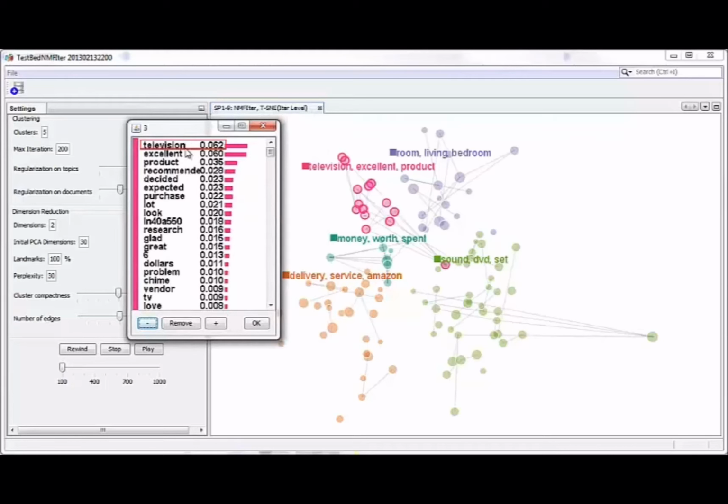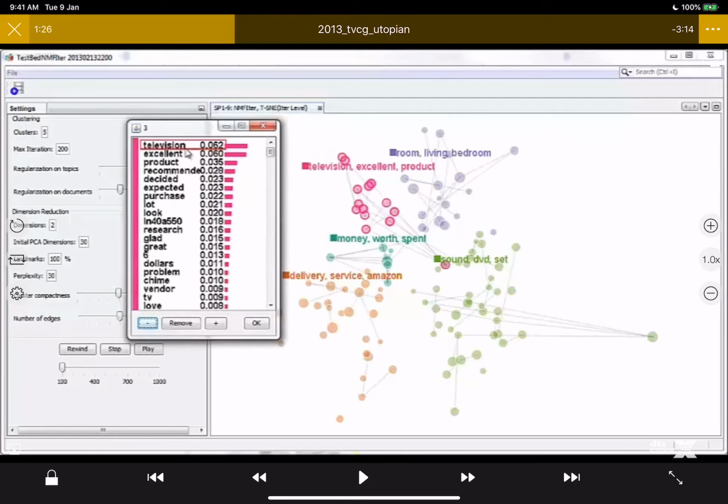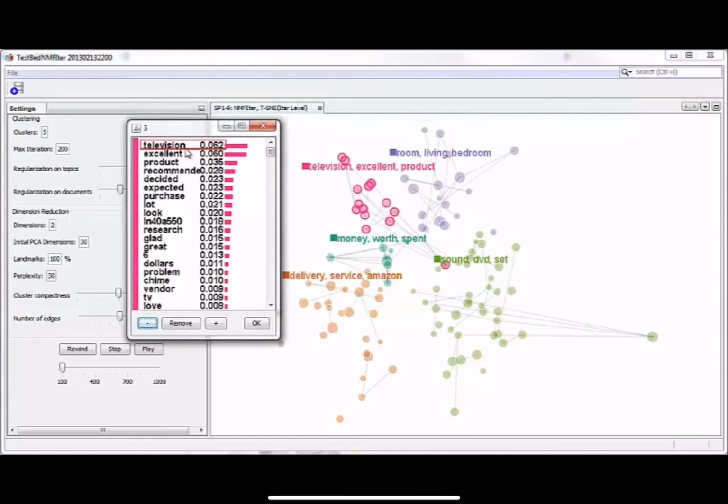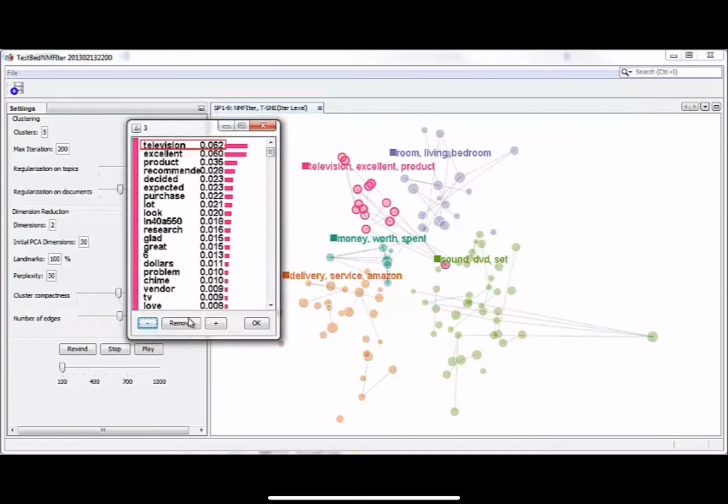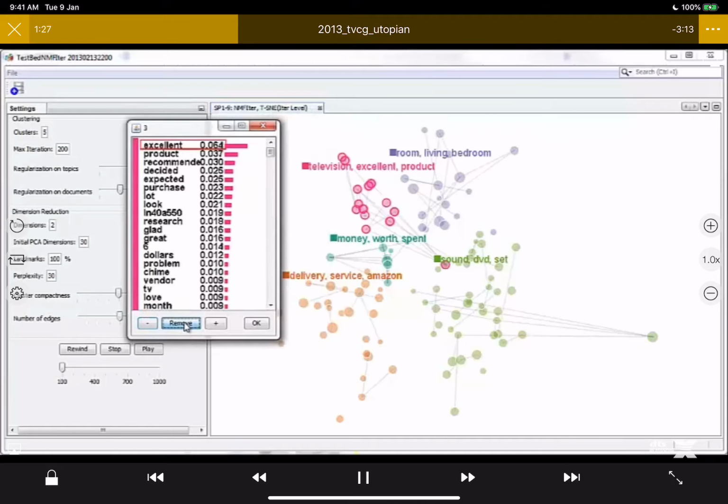This topic has the dominant keywords television, excellent, and product. Here, we can actually modify or manipulate those keyword weights. What I did was remove the first keyword, television, because it's all about the TV data set, right? So we can remove it.